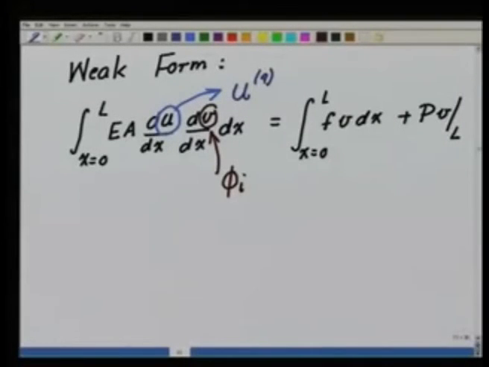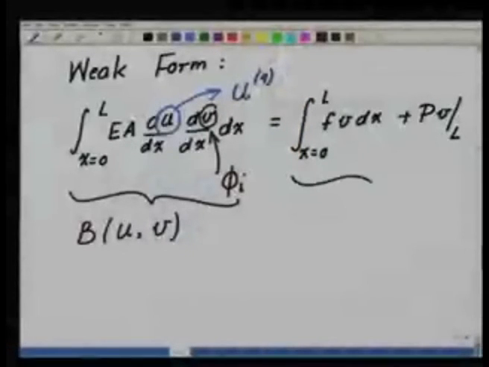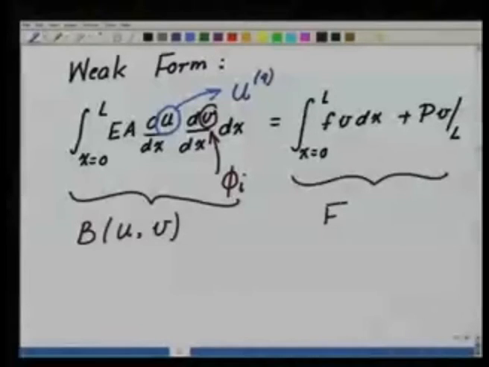To make the notation a little more compact, as we had done a few lectures ago, we are going to represent the left part as a bilinear form, since it is linear in u and v. It will be called the bilinear form, given by the compact notation B of u, v. And the right side we are going to call f of v, a linear functional. As the number of functions increases, the algebra gets tedious, so we would like to be compact. Only for that reason are we introducing these things.